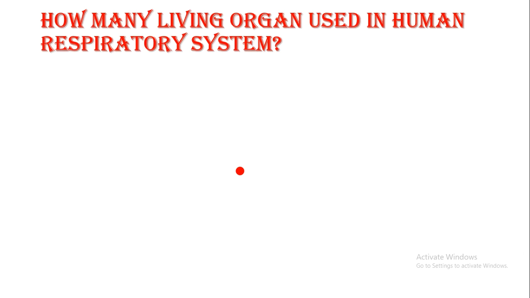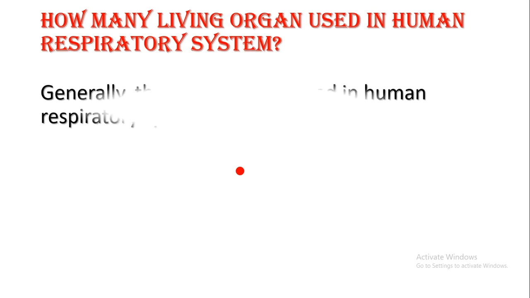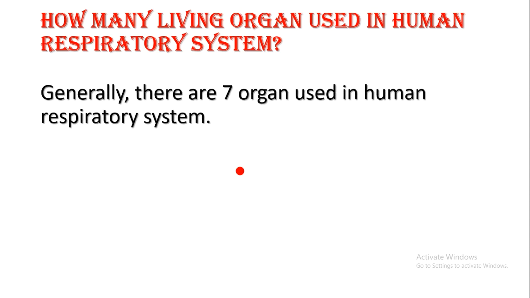Now the next one. How many living organs are used in the human respiratory system? In lesson 3 there is some discussion about the animal respiratory system. For the human respiratory system, we have 7 organs used.